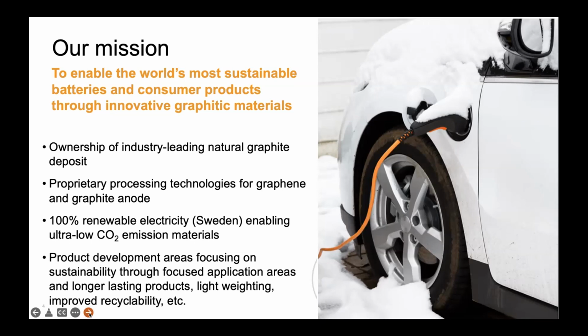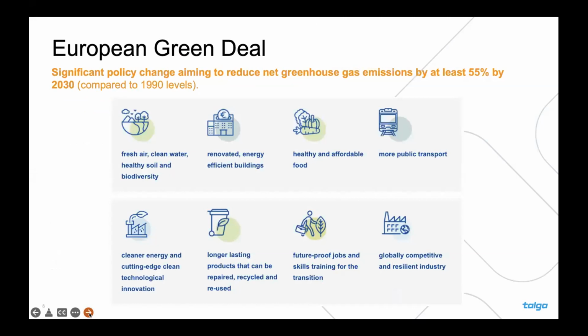The processing technologies that we use, in Sweden, in the area of our activity, we are fully covered with renewable electricity. So the CO2 emissions that we generate in our activity are very, very low. And as mentioned before, we have that leading thought of sustainability through our product development activities. So that's what we do.